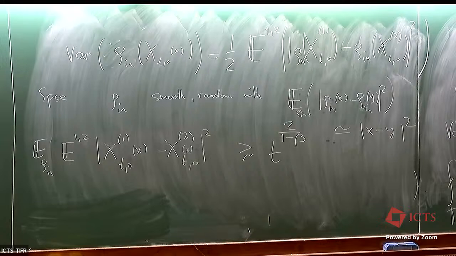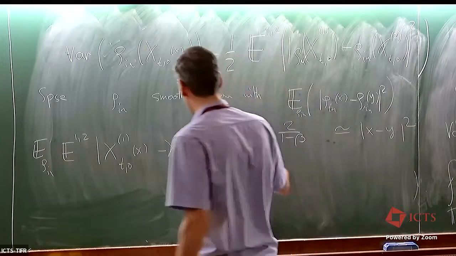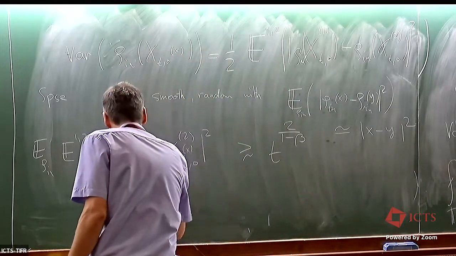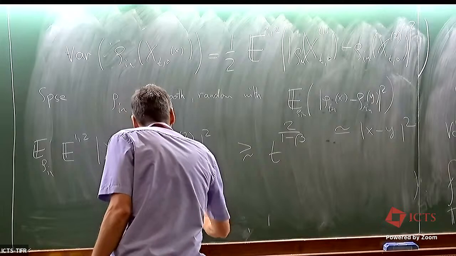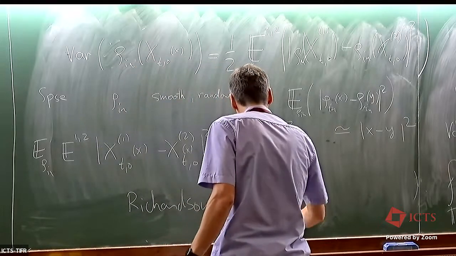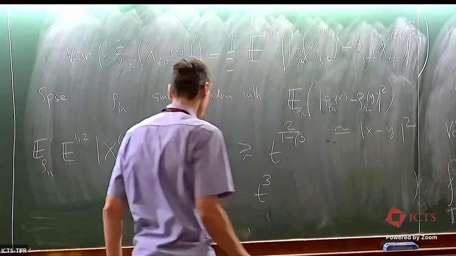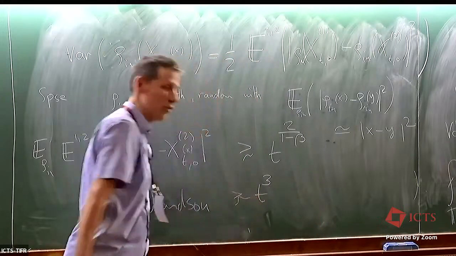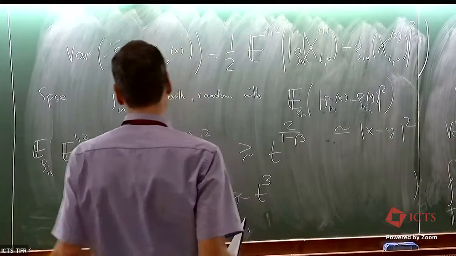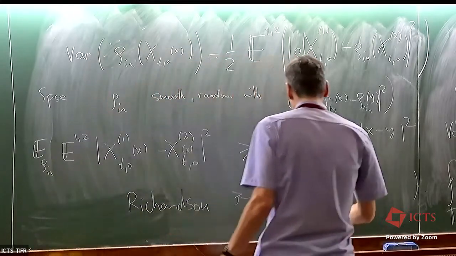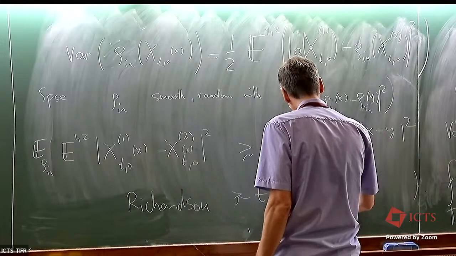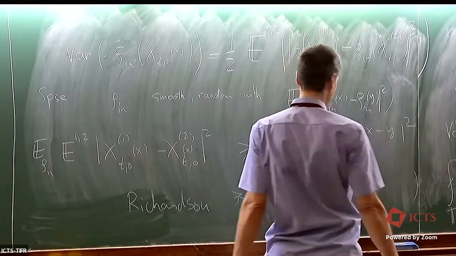For very long times, you expect that there's no correlation at all, so it's just Brownian motion. The separation will be diffusive, square root of t, and in between there is this regime where you expect t to the power 3 separation, which was first observed in a turbulent flow in, I think, 1926.